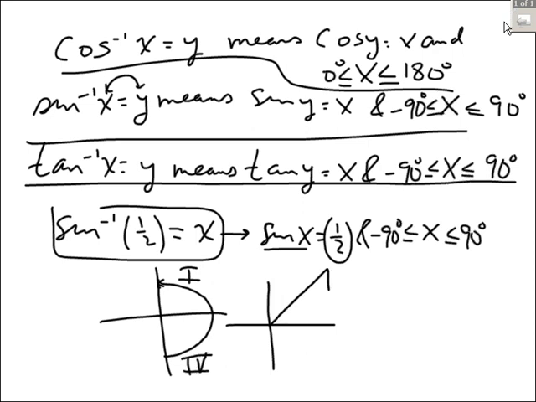Here's angle x. And the sine, opposite over hypotenuse, 1 over 2. Now you should recognize this triangle. If this is square root of 3, this angle is 30 degrees. So we're done. X is equal to 30 degrees, and it is in between -90 and 90.